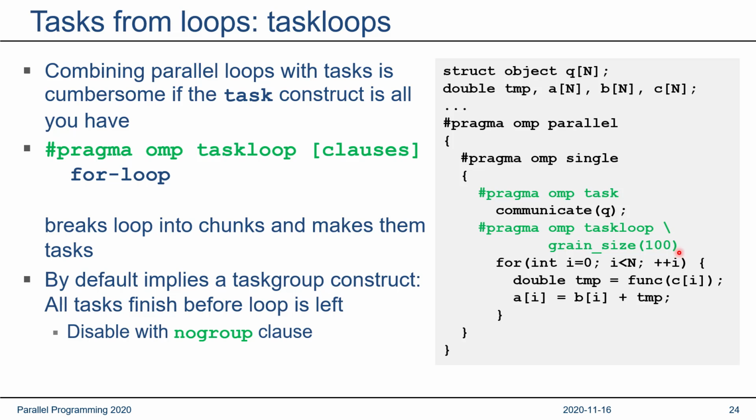If you don't want that, it's like a nowait clause, but not for threads, but for tasks. You can disable this behavior with a nogroup clause so that the loop can be left by threads before the tasks have been serviced, but actually it's a reasonable default behavior. Okay, think of it as a barrier for tasks.